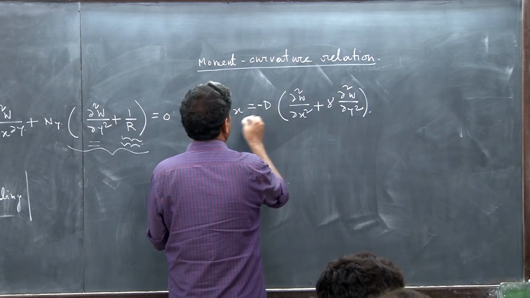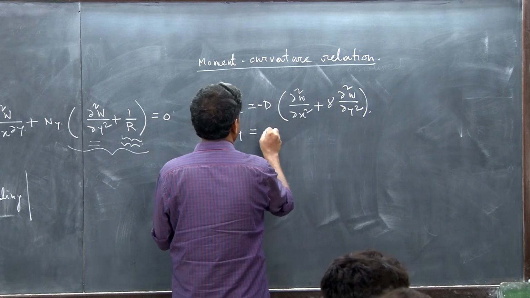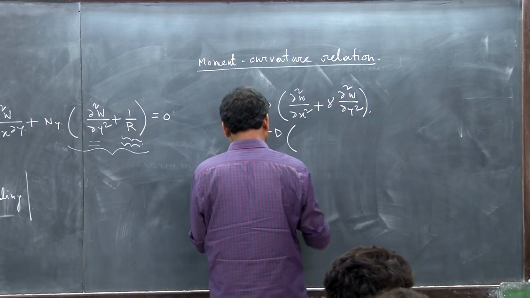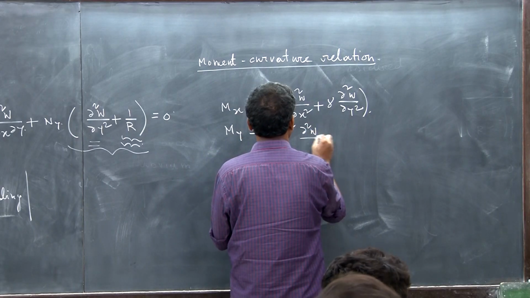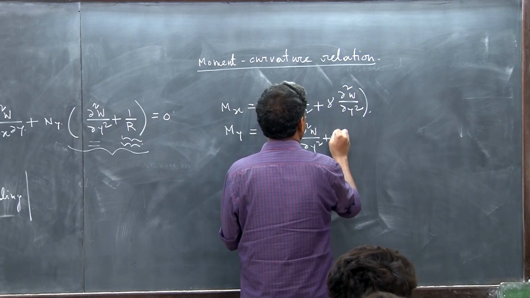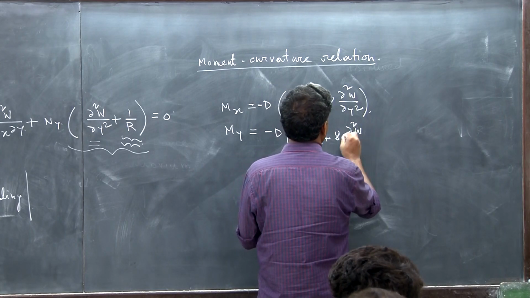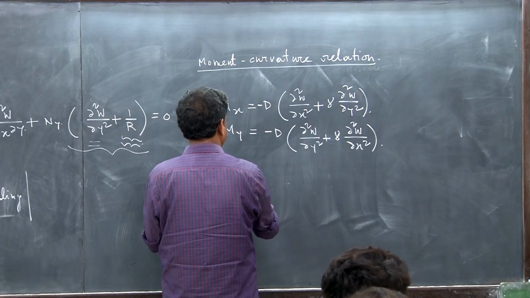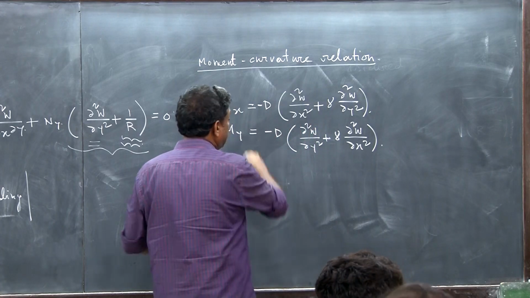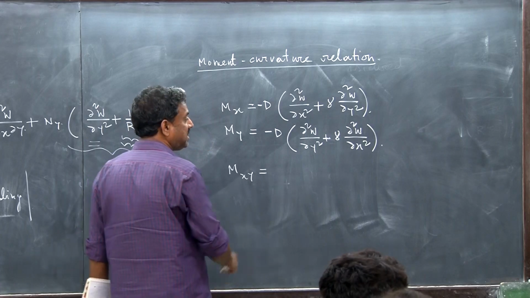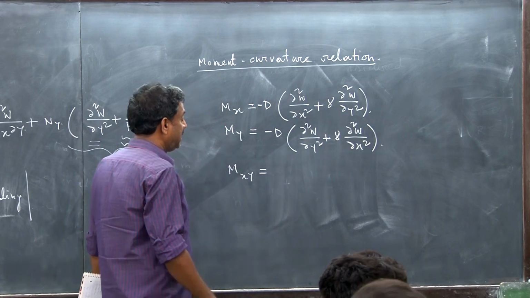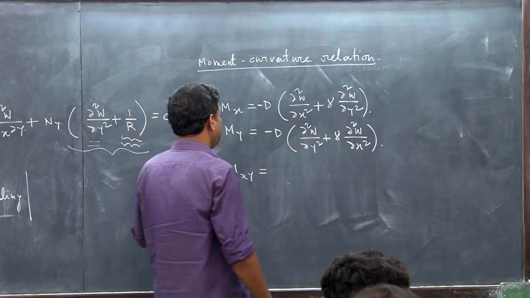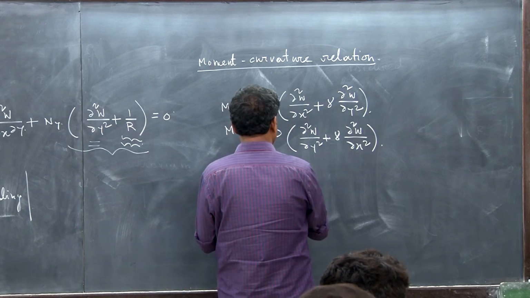Depending on the sign convention, there will be negative signs, right? And cross, these are the bending moments expressed in terms of curvature, and then the torsion moment expressed in terms of cross curvature.